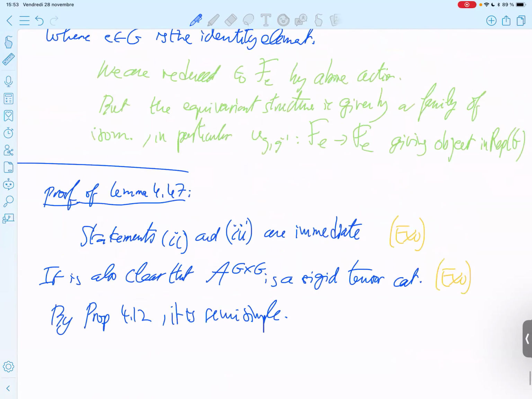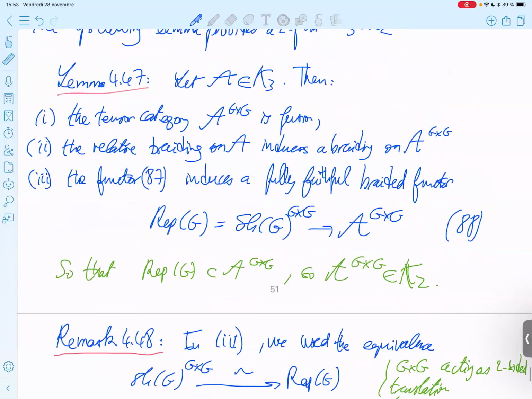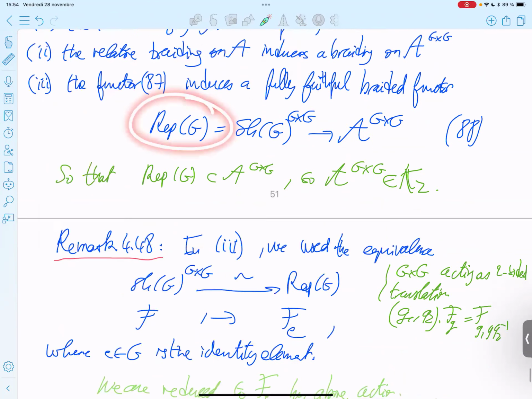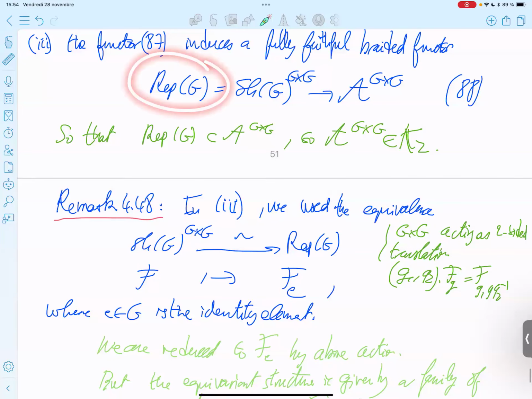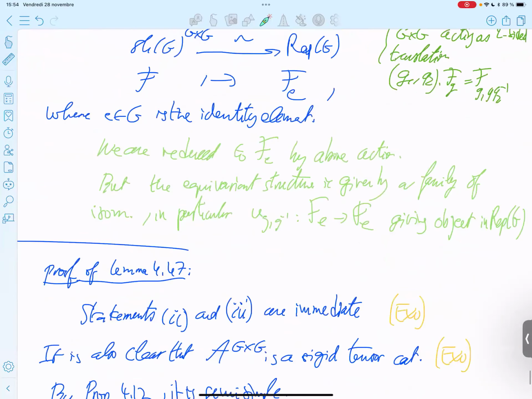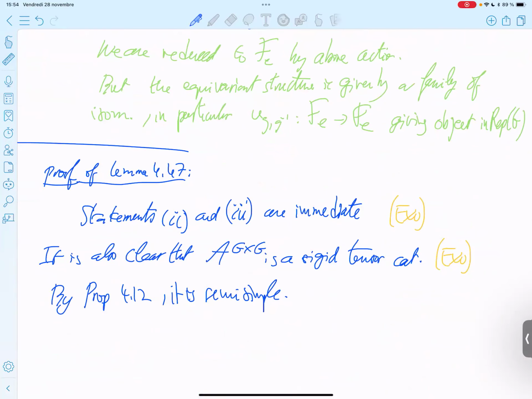By the third point, we can deduce that the endomorphism ring of the unit is one-dimensional, I guess because the unit is inside Rep G, and Rep G is fusion. So you deduce that the equivariantization of A by G times G is fusion.